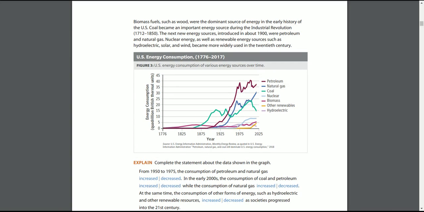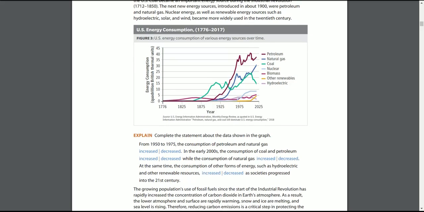We've seen that the fossil fuels, petroleum, natural gas, and coal, have all been increasing. Only lately has coal been dropping, but it's basically being made up for by natural gas. So we're still using fossil fuels. Other things like renewables and hydroelectric occupy a very small amount of the energy consumption, although the other renewables have been growing in the last decade or so.